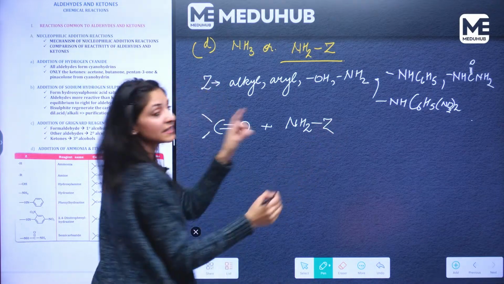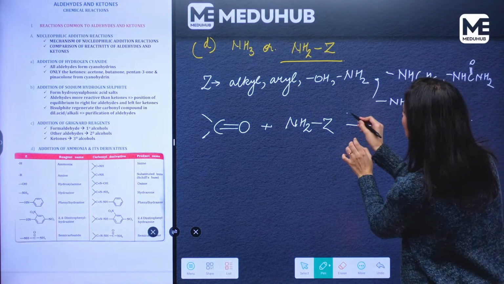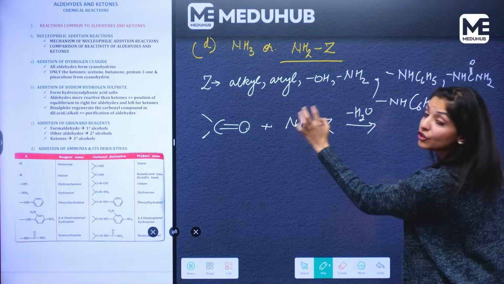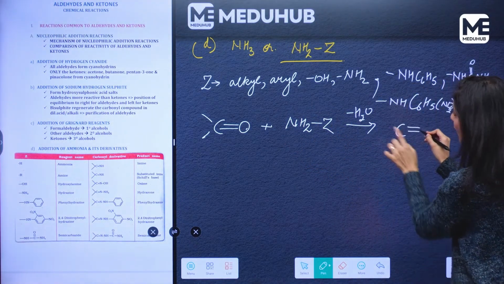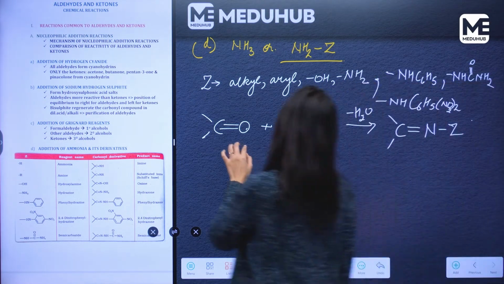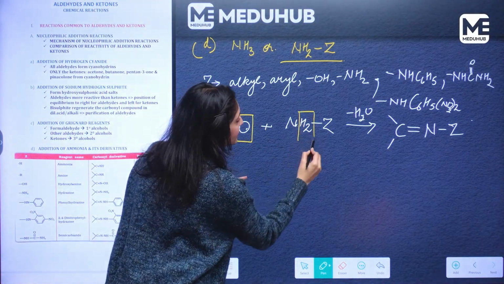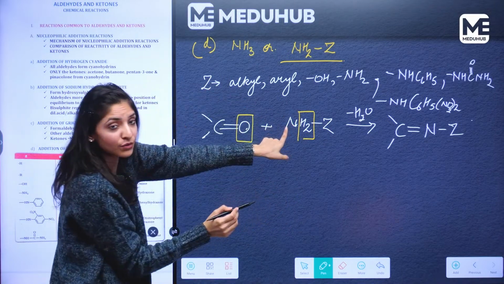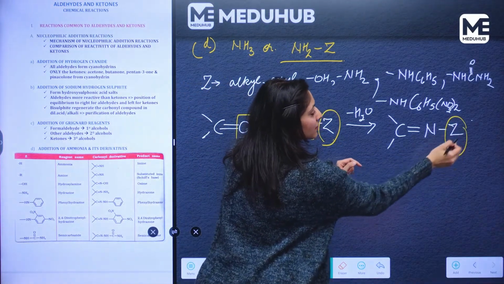What happens when across a carbonyl compound ammonia or its derivative gets added? A molecule of water is eliminated here. So this oxygen and 2 hydrogens from here are eliminated, and we get carbon double bond nitrogen Z here. The Z group here stays as it is.